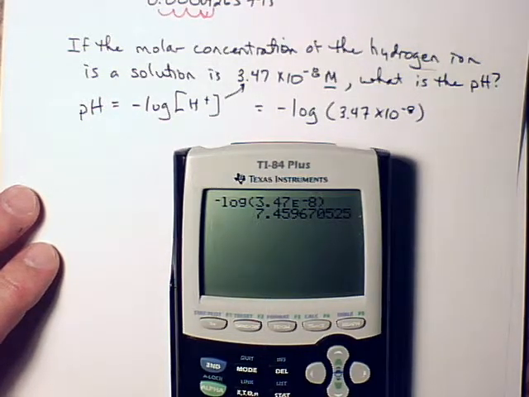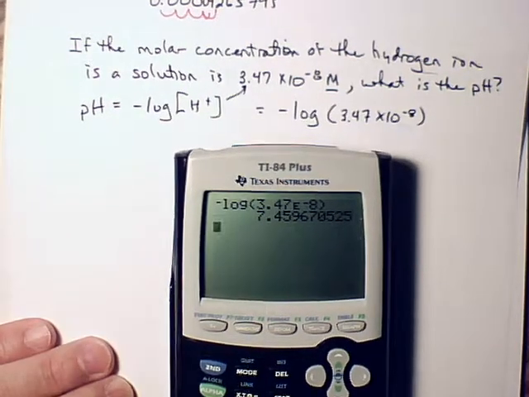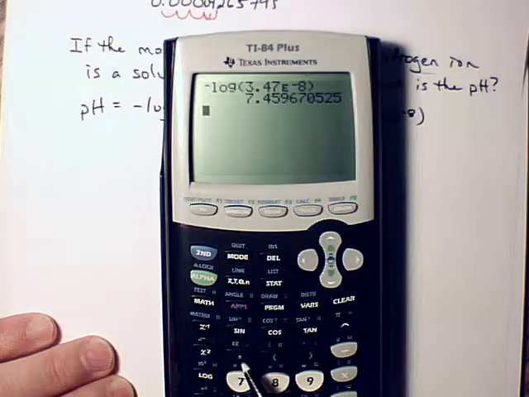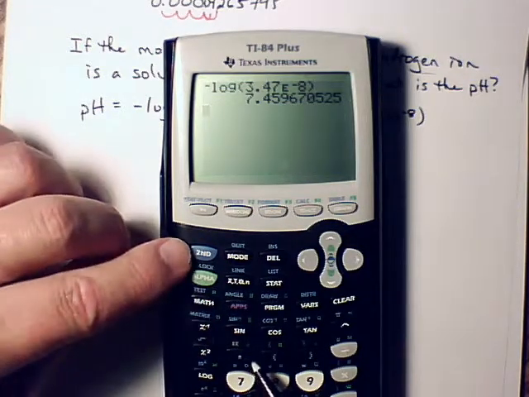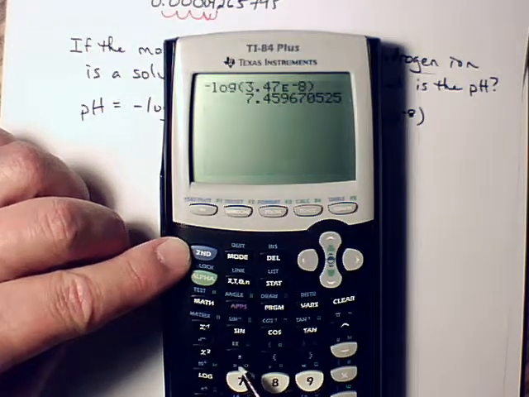Find your change of sign button. You probably have a negative sign in parentheses on your keyboard. Hit that first. I've already got the log in. The E is probably sort of right above some other buttons. So you have to hit your second and then whatever button yours is that has the double E on top of it.